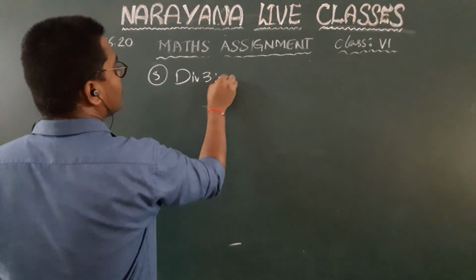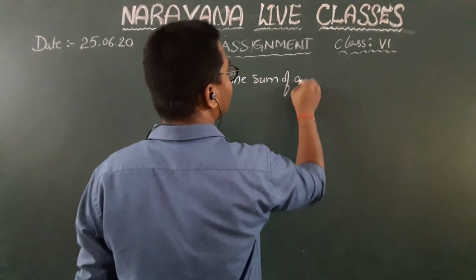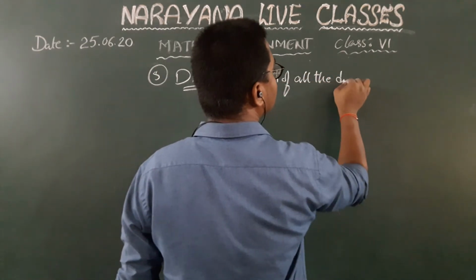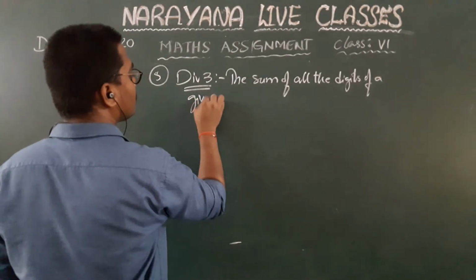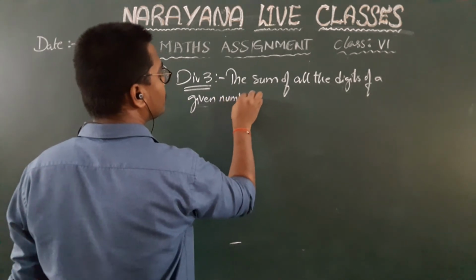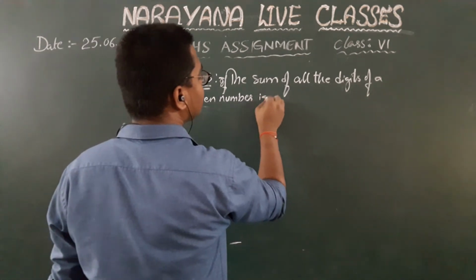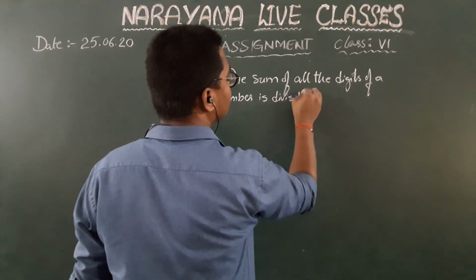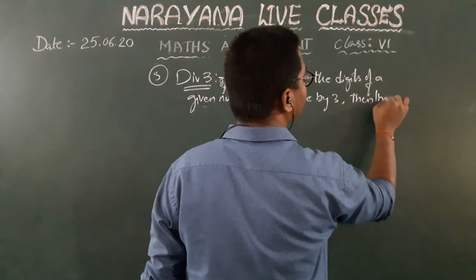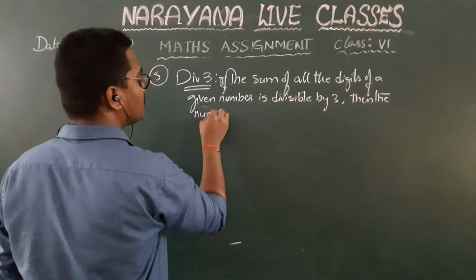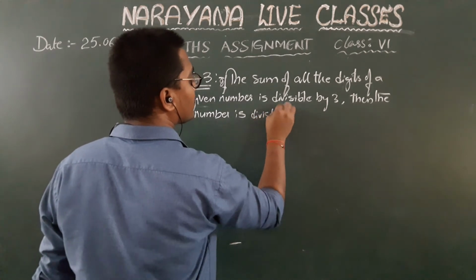So the divisibility rule for 3: if the sum of all the digits of a given number is divisible by 3, then the number is divisible by 3, children.